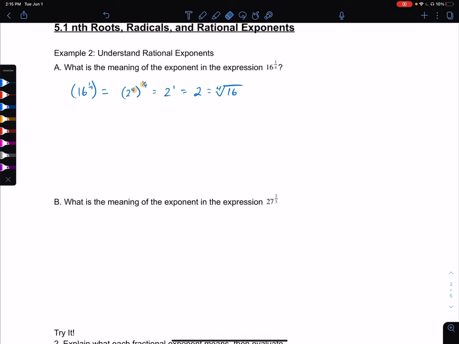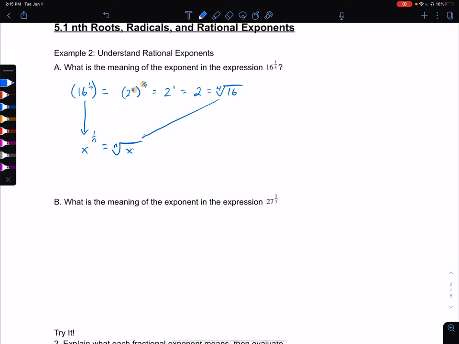So let me get rid of that. All we're looking to show here is that in general, if you have x raised to the 1/n power, then that is equal to the nth root of that value of x.